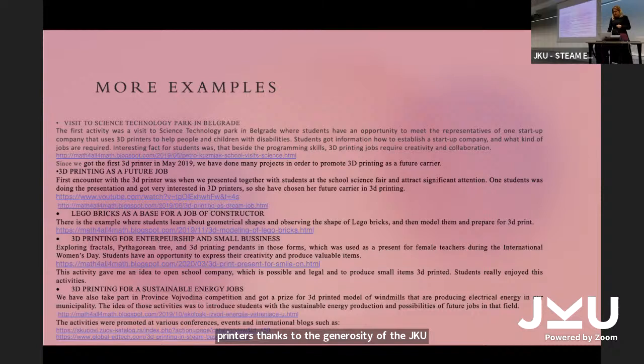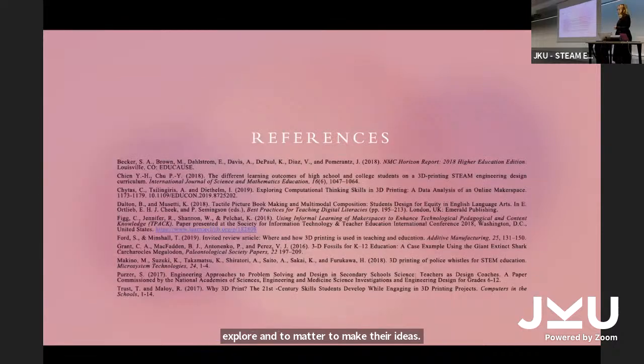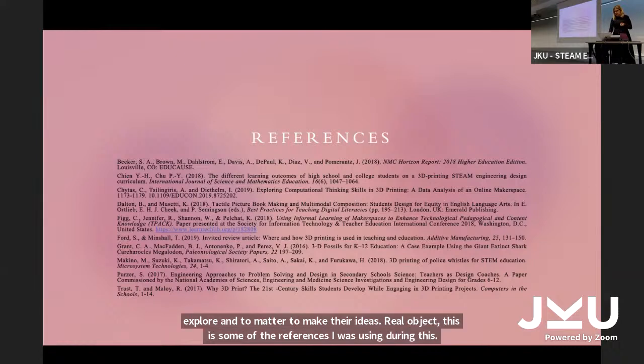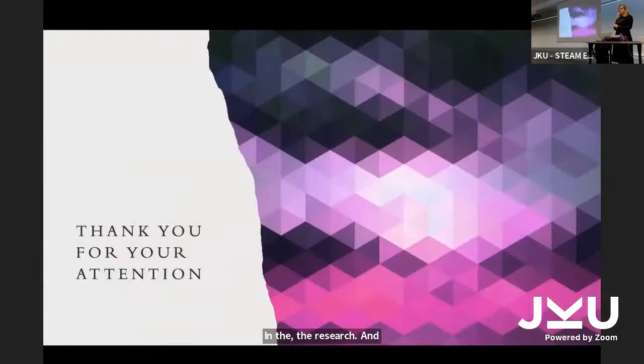So my students have an opportunity to print and to explore and to make their ideas real objects. These are some of the references I was using during the research, and that will be my story. Thank you.